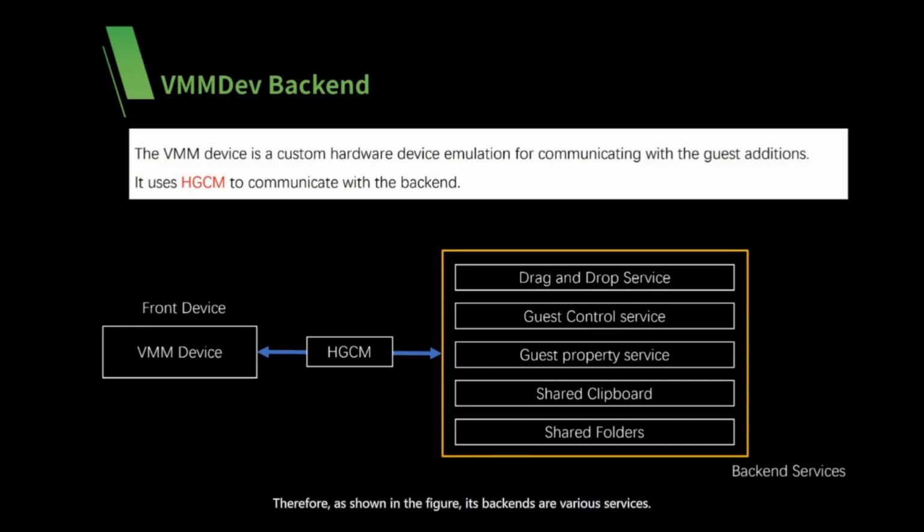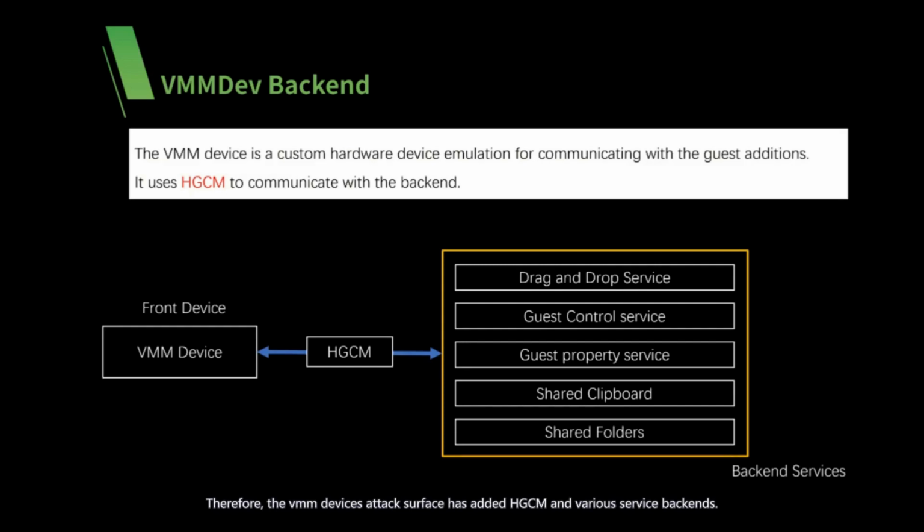Therefore, as shown in the figure, its backends are various devices. These devices are specific to virtual machine. They need to install additional drivers in the guest. Similar to the previous backends, different devices have a unified interface that is HGCM.